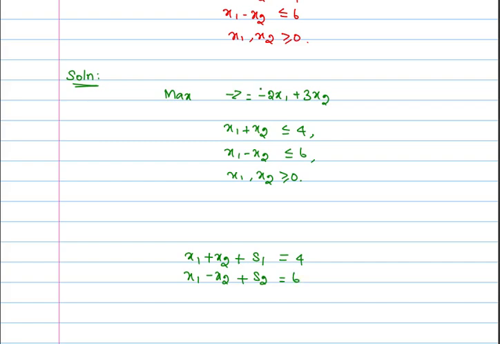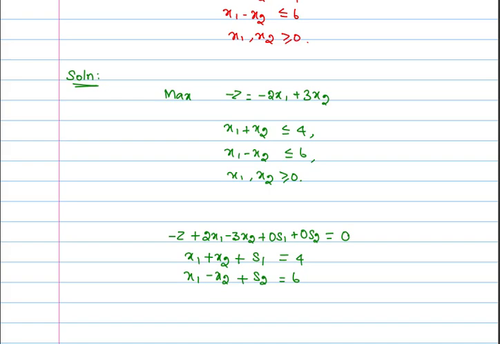Then our objective function can be represented as minus z plus 2 times x1 minus 3 times x2 plus 0 times s1 plus 0 times s2 equal to 0. That way we convert it. Our aim is to maximize minus z.